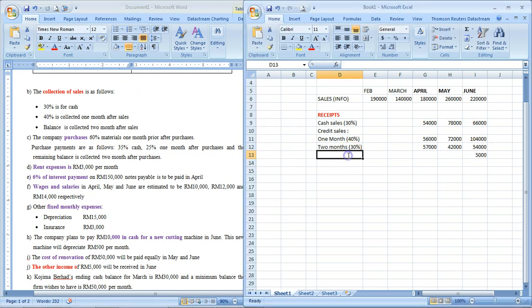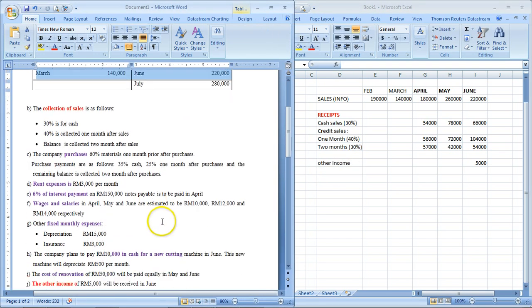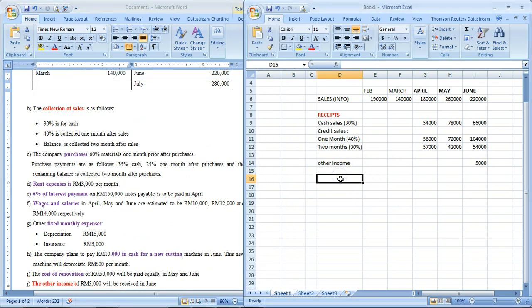If you want, you can leave one row there, and I put the other income. You see any income here now? No income anymore. So you can close your receipt. What I mean by close is put the total receipt.